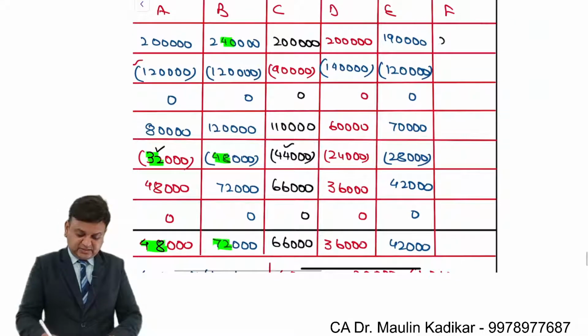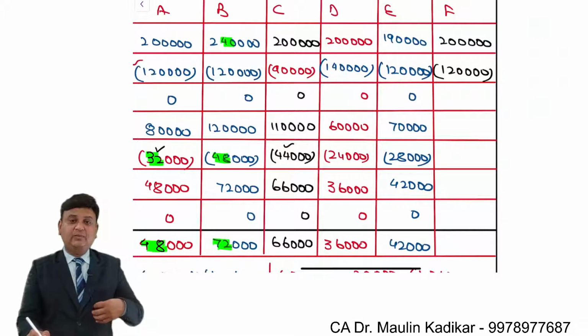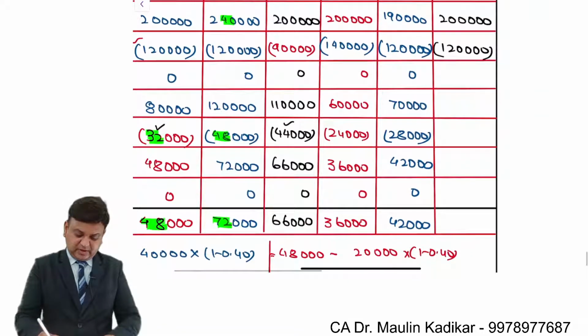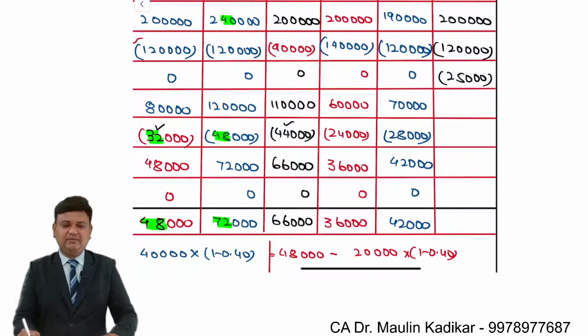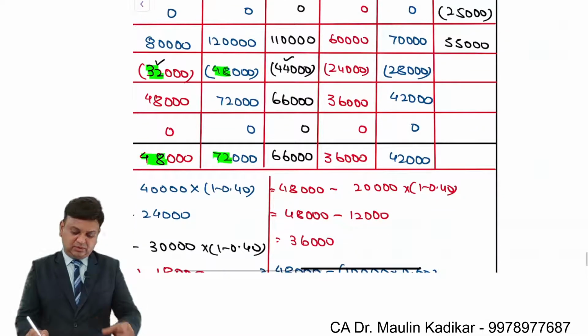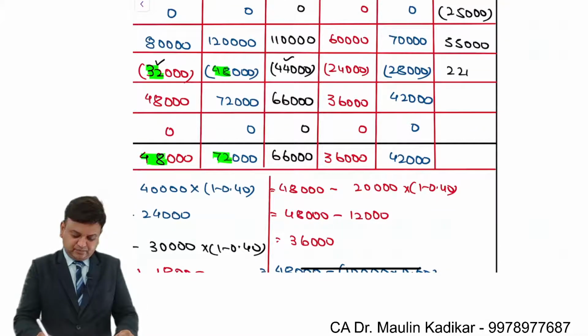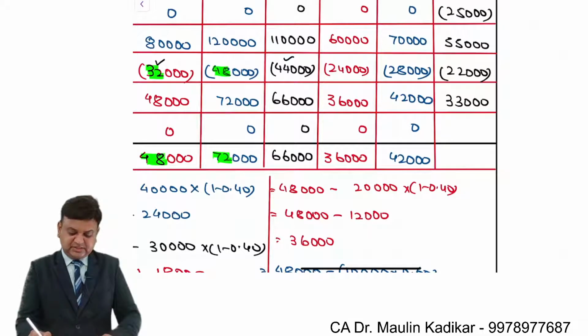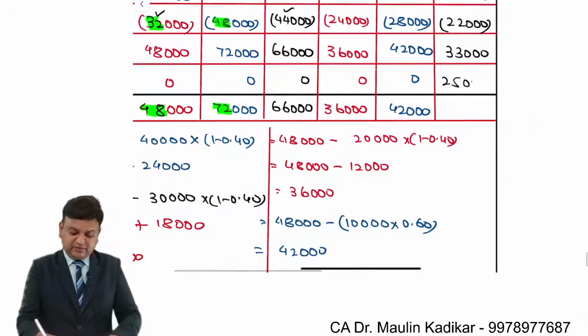So this is 2 lakhs, this is 1,20,000. The amount of the depreciation is 25,000. So it is 80 minus 20, 60, so 55,000. 40% of that comes to 22,000. This is again 33,000. 60% value plus 25. So it comes to 58,000.